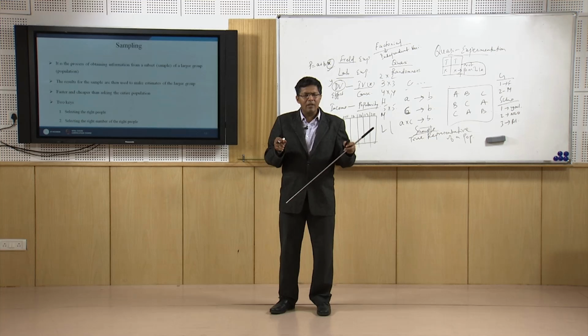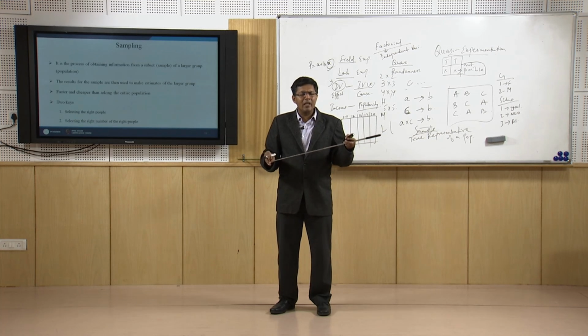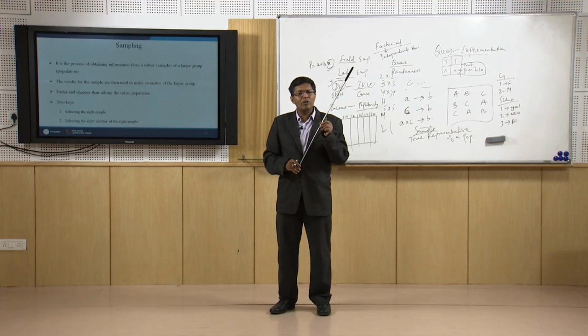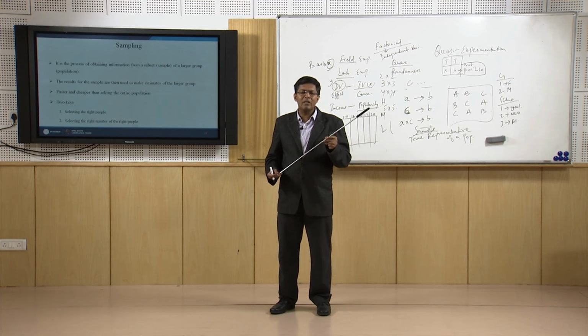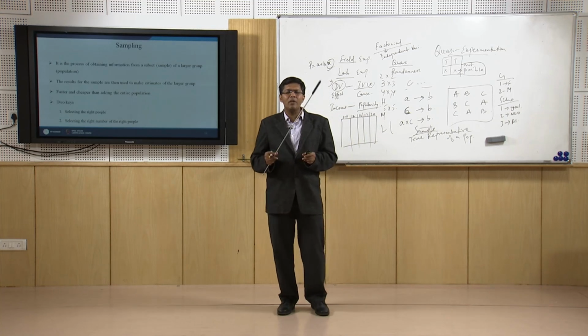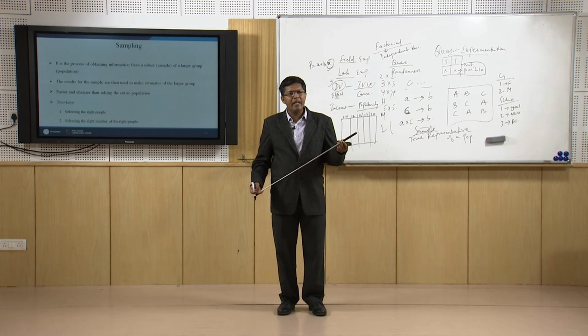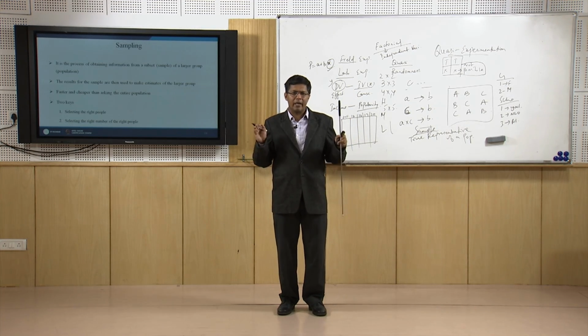If a company is manufacturing, we can pull out a few samples and test whether they meet the standard specifications or characteristics. If the sample is good, then the population must be good, right. So, a sample helps you identify in a small way whether the population is correct or not.